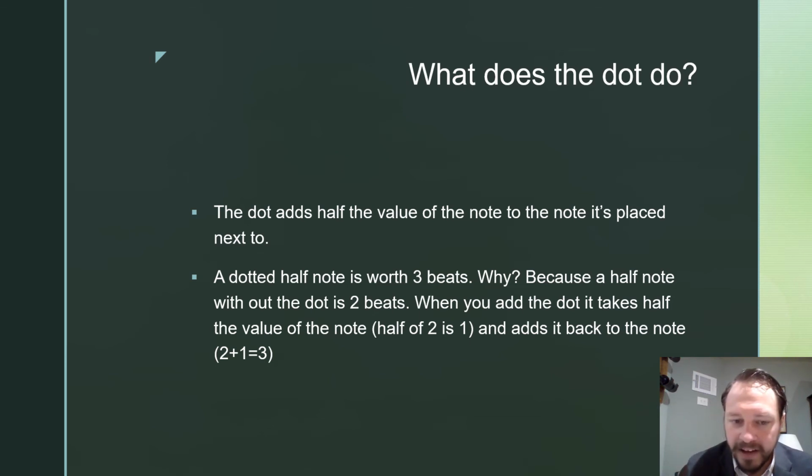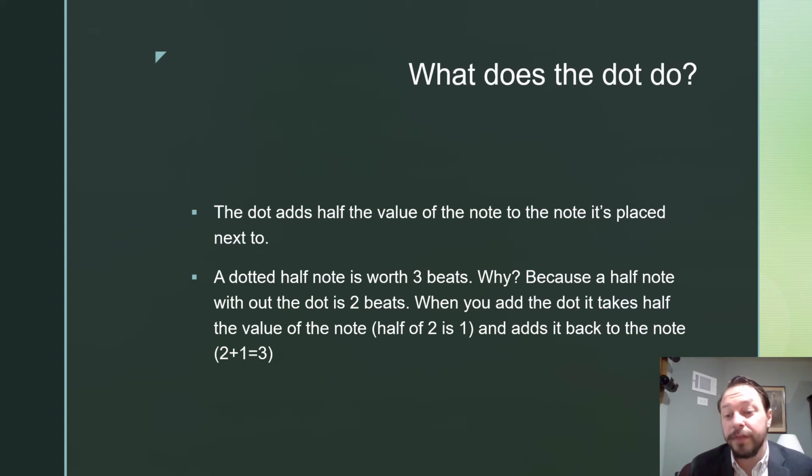And when you add the dot, it takes half the value of the note. So what's half of 2? 1. It takes half of 2 and adds it back to the note. So half of 2 is 1, and then 1 plus 2 is 3. Okay, so that's how you get that.